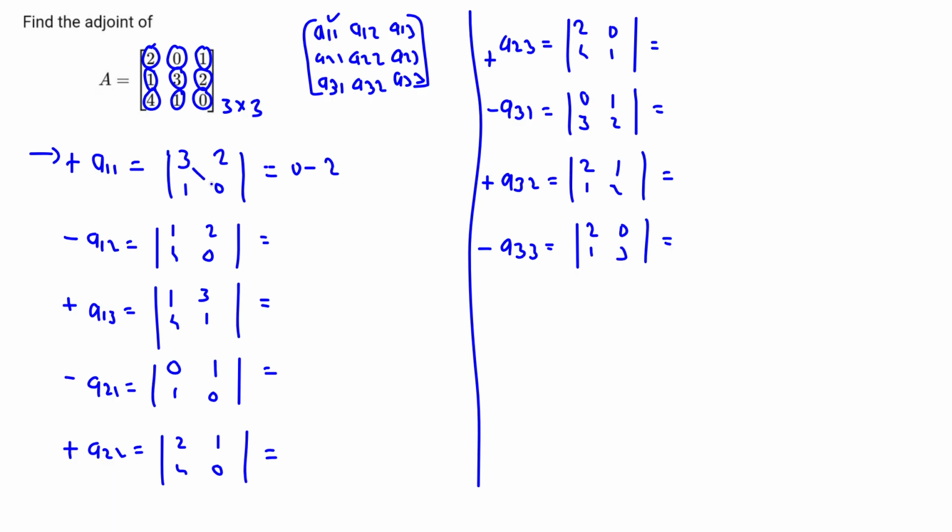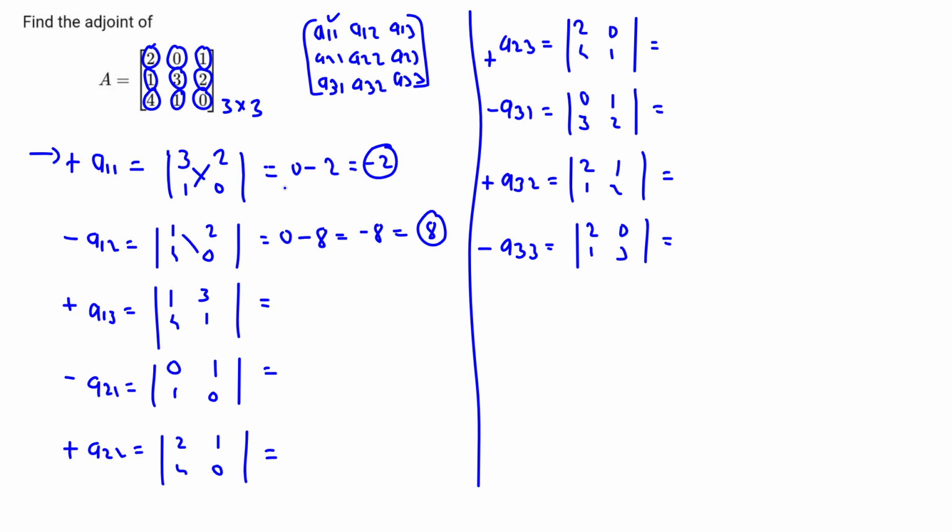Initially you multiply 3 into 0, which is 0, minus you multiply 2 into 1, which is 2. So that is minus 2, and if you multiply by the plus sign you get the same answer, minus 2. Second, again multiply 1 into 0, 0, minus 2 times 4 is 8. So you will get minus 8, but if you multiply this value by the minus sign, it becomes plus 8.